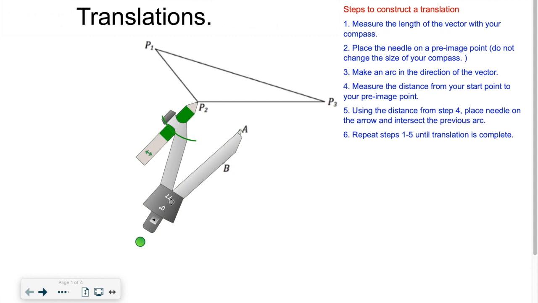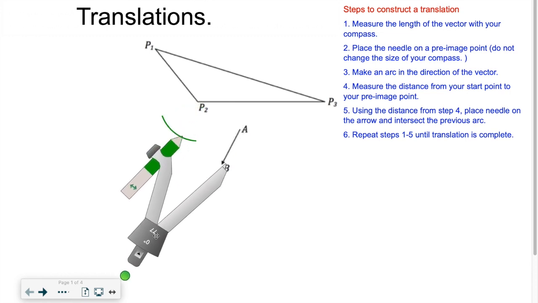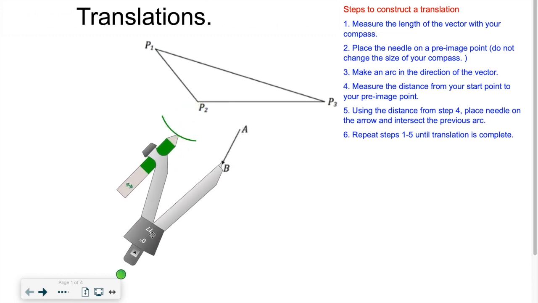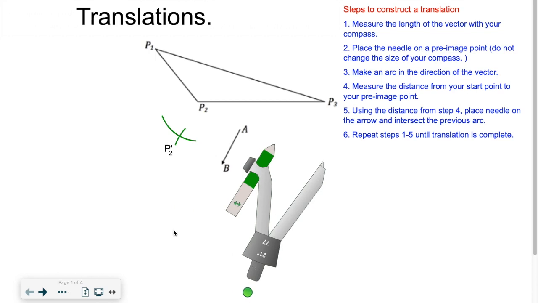Okay, so let's place the needle without changing this distance. Let's place the needle on the arrow of the vector, and let's intersect the previous arc that we already have. So here's the arc that we already have, and let's intersect it. Boom. There we go. That point is P2 prime.